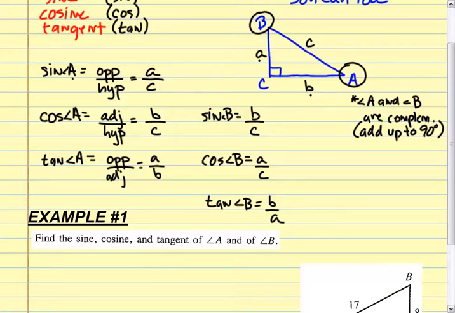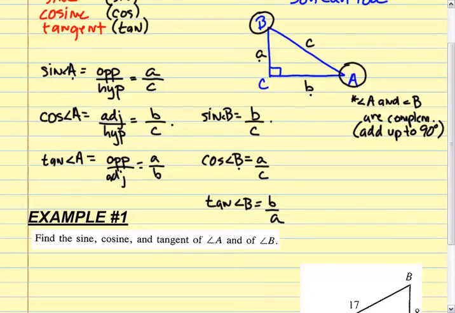The sine of A is the same as the cosine of B because they are complementary, right? The sine of B is equal to the cosine of A. And now look at the tangents. They're reciprocals of each other. Interesting stuff. It really helps us out a lot.